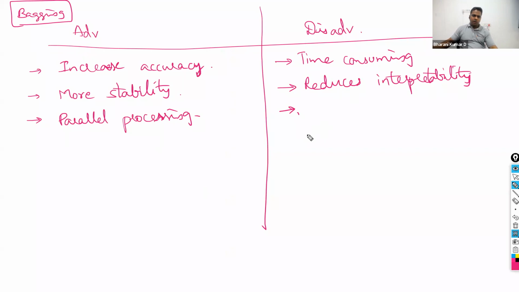All right. There is yet another disadvantage with bagging. Think through and let me know. Though we are building different algorithms, though you are splitting the data into training and test, though each time the training data set is different, do you think the training data set will be completely different?